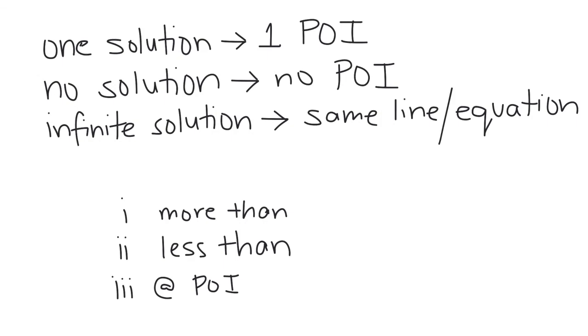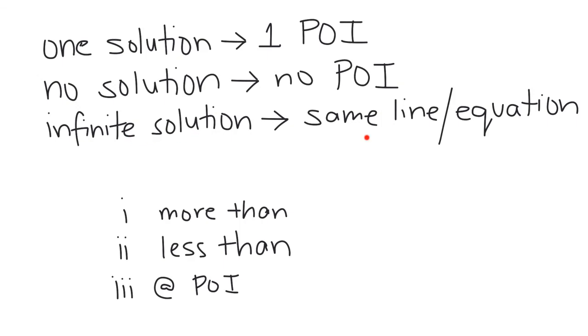You could have a linear system that has no solution, which means that the lines are parallel, they run in the same direction, and they do not intersect or cross each other, which means that there will be no point of intersection.